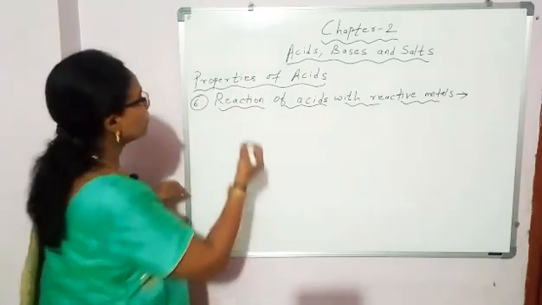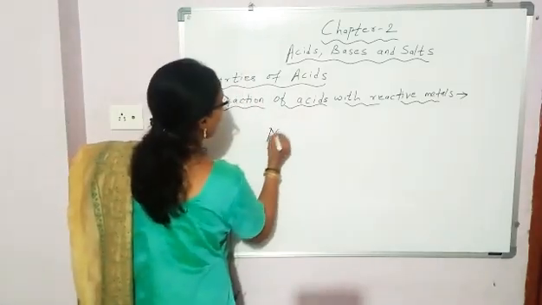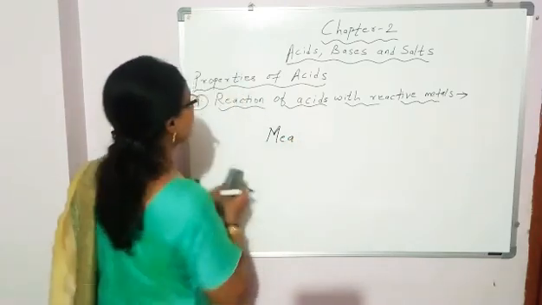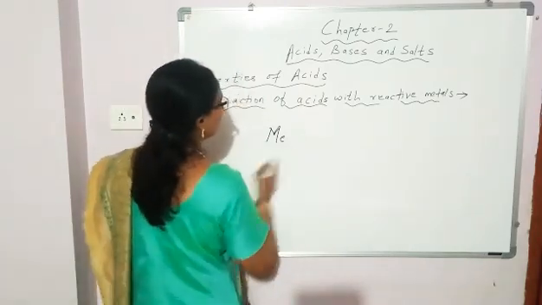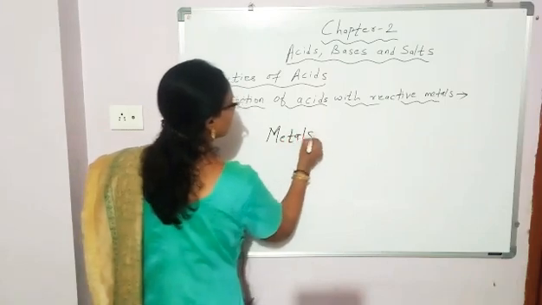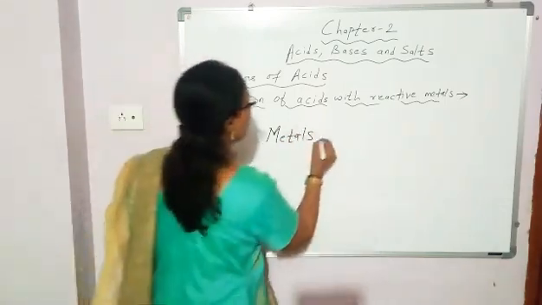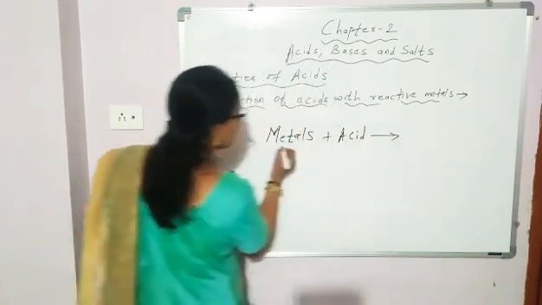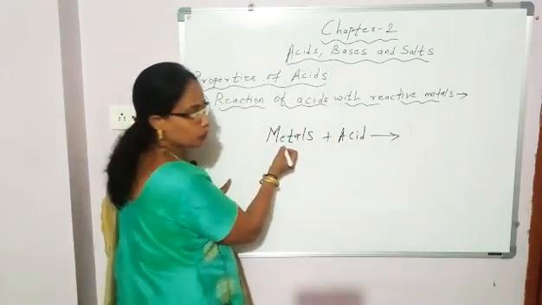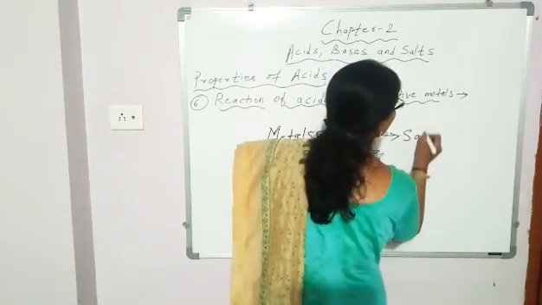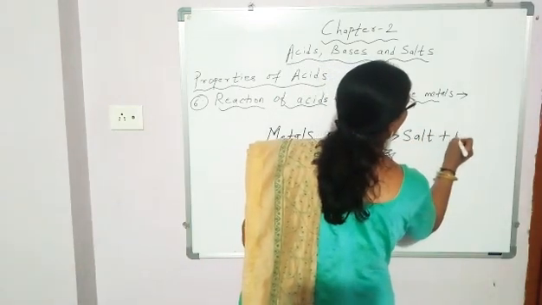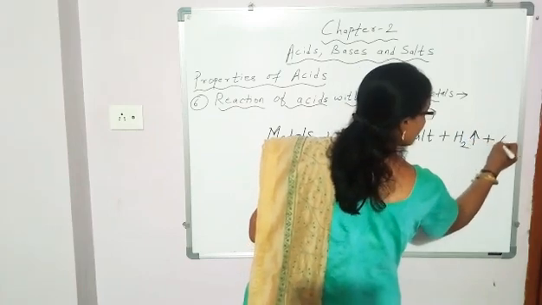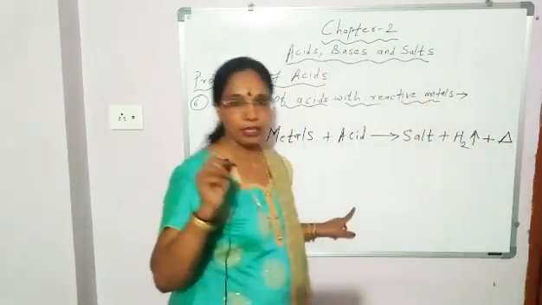Okay. So, acid, when they react with metals, salt is obtained and hydrogen gas is evolved, plus heat is also evolved.